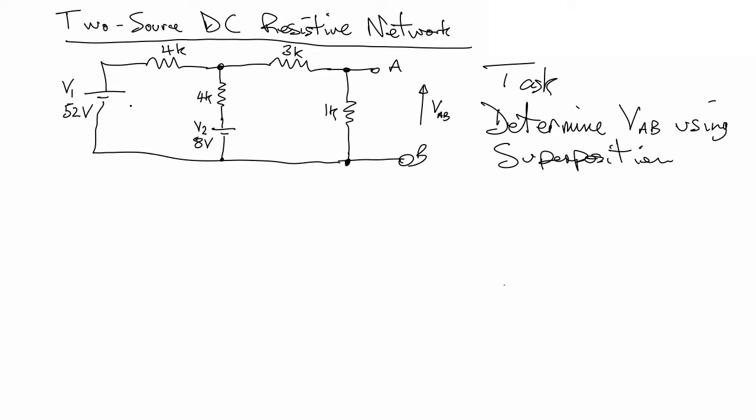Then we will replace V1 with a short and put V2 back in, and we will determine a contribution then from V2. Then we're going to add that contribution from A and B, from V1 and V2, add them together and superpose those two figures, and we should arrive at the actual voltage between A and B.